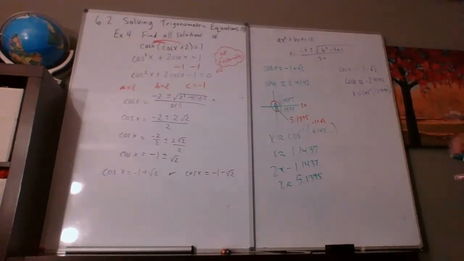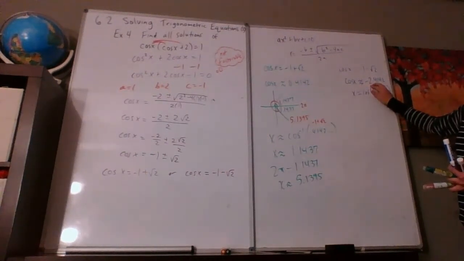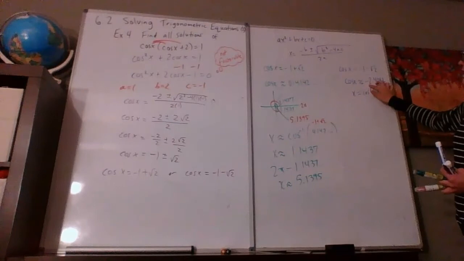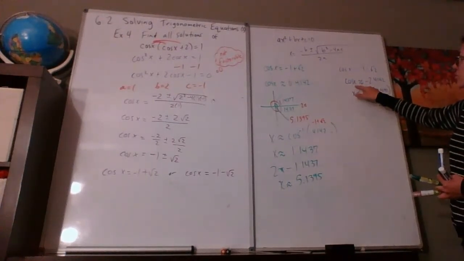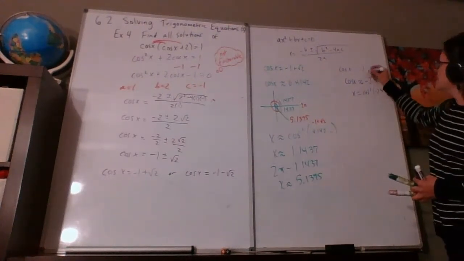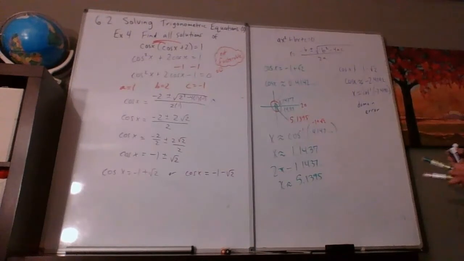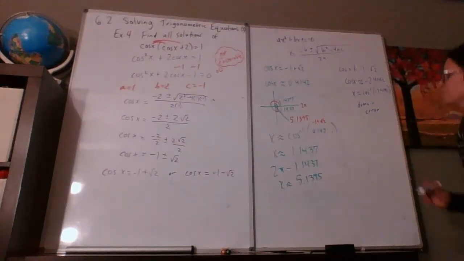And that is because cosine values can only be between -1 and 1. And this -2.42 is outside of the range of our cosine function. So therefore, this is not possible. We don't get any additional solutions from the part of the equation where cosine x equals -1 minus rad 2.